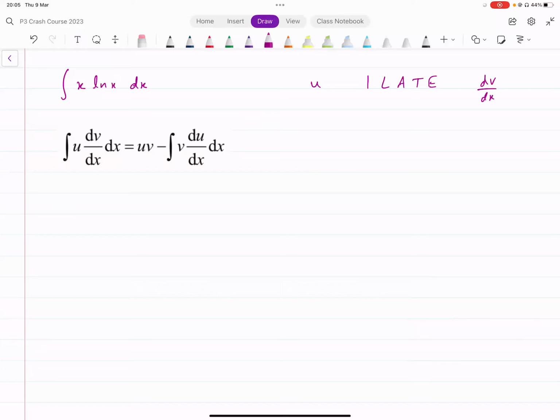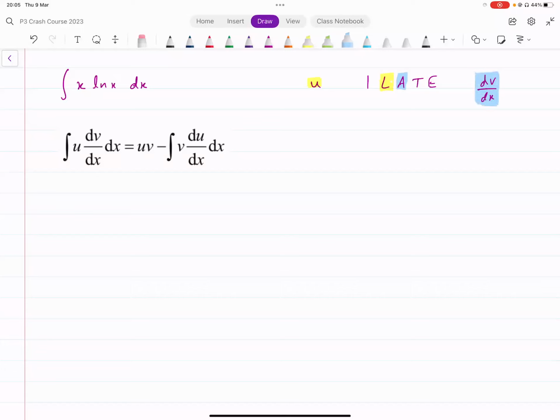Now, which two expressions do we have? We have algebraic and logarithmic. We have log and algebraic. So that means log is going to be u and algebraic is going to be dv over dx, because amongst these two, algebraic is coming on the right side and log is coming on the left side.